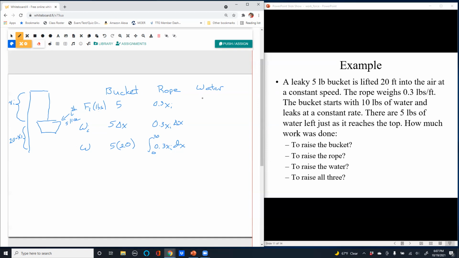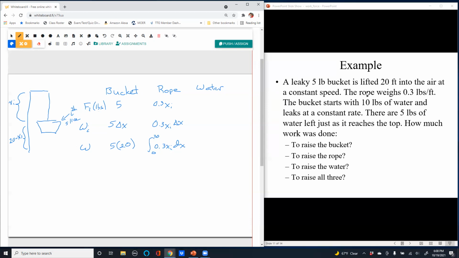All right, last thing is the water. So the water, we have to do a little bit of work on this one because we weren't given how quickly the water is draining, but here's what we know. There's 5 pounds left as it reaches the top. There's 10 pounds at the bottom. So it goes from 10 to 5 pounds over the course of 20 feet, and it leaks at a constant rate.